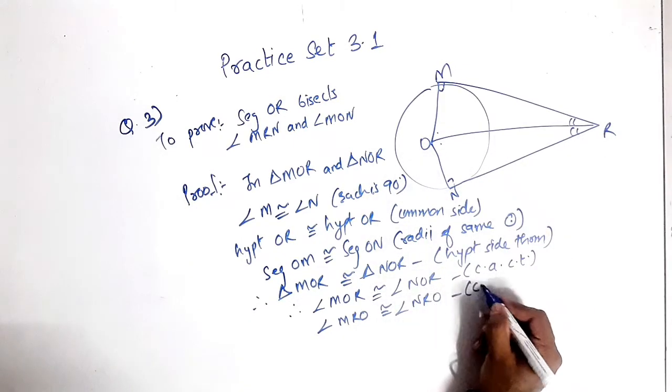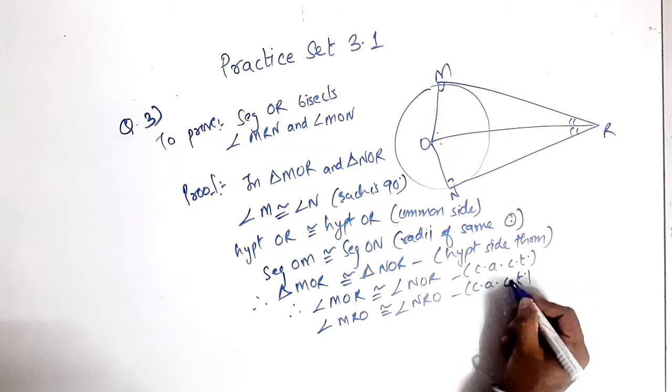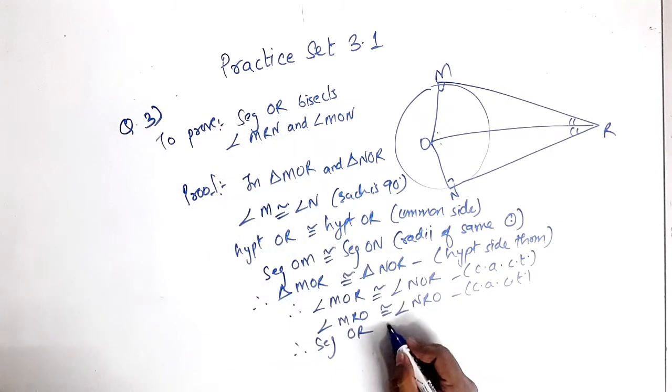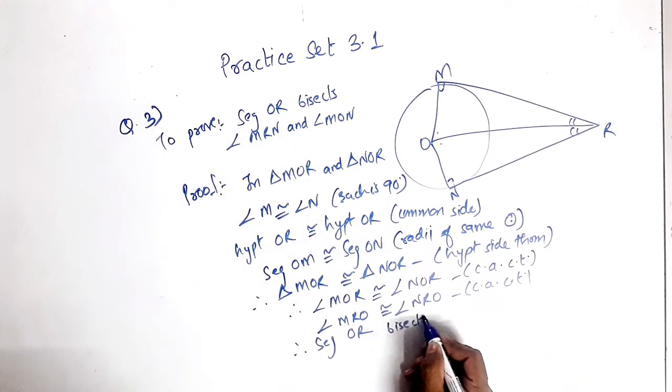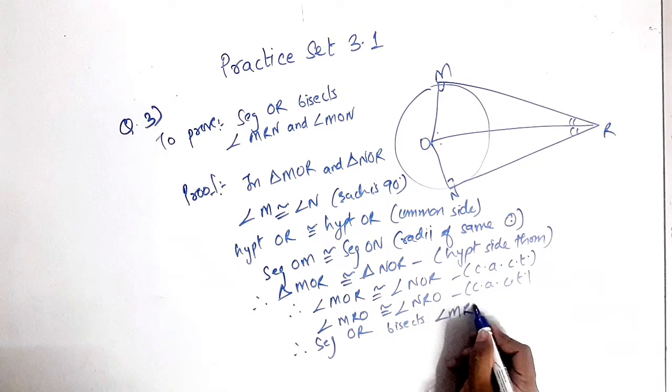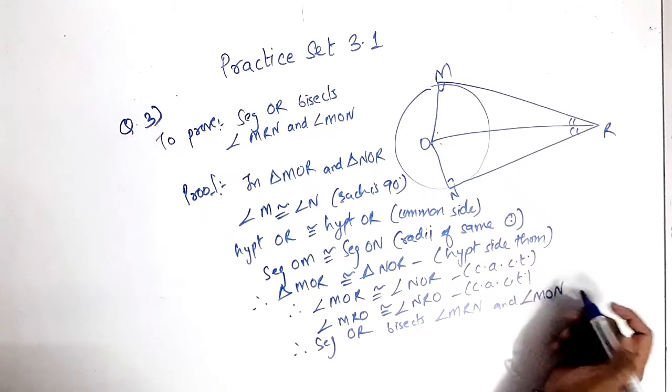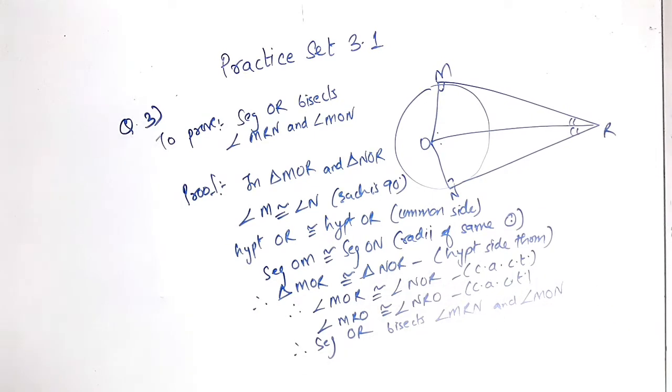Okay, this is also having the same reason, CACT. Therefore, I'll rewrite the statement, seg OR bisects angle MRN and angle MON. Okay, very easy. Let us move on to the fourth question.